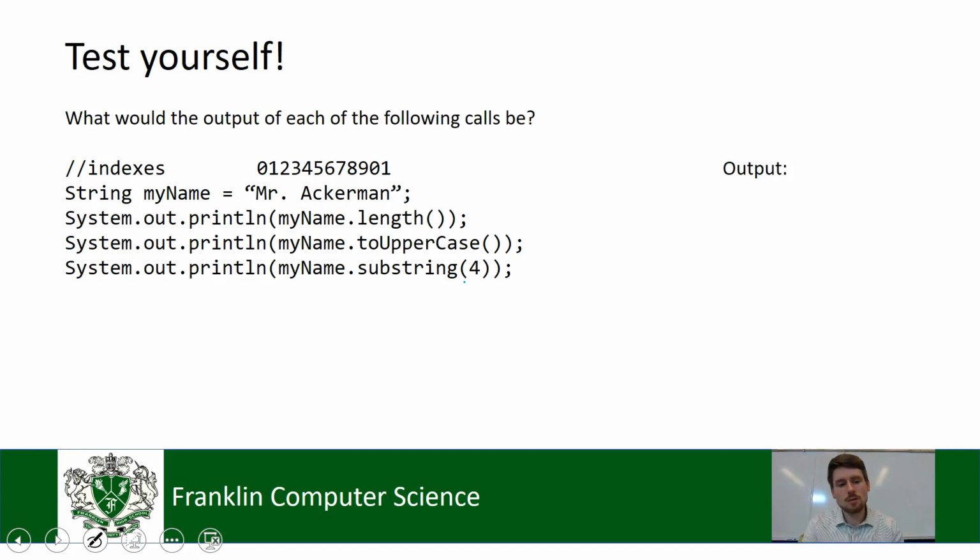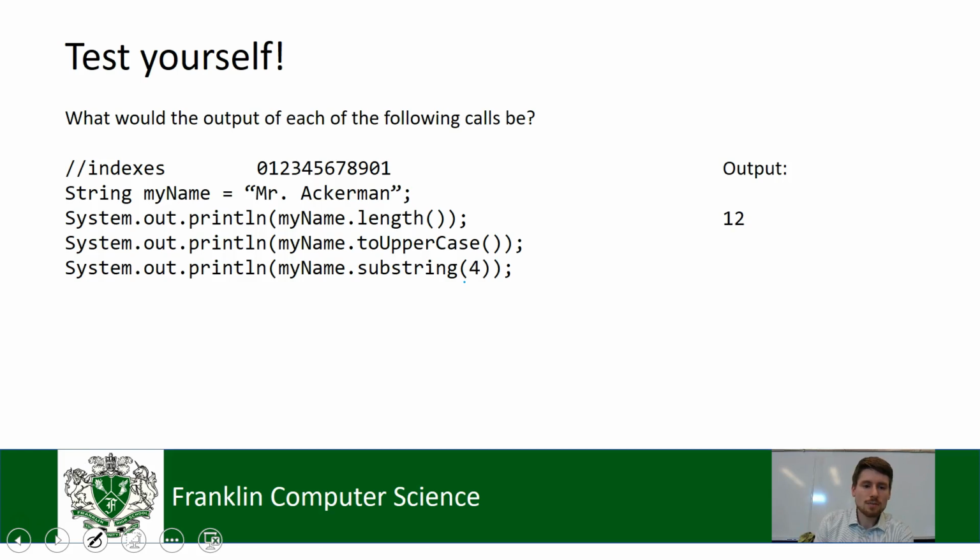Okay, so hopefully you thought about it a little bit. As we count up at the top, 0, 1, 2, 3, 4, 5, 6, 7, 8, 9, 10, 11, you might say there's 11 characters there, and you're not quite right. There's actually 12 characters. This is the tricky thing about zero indexing, is that we typically count from 1.